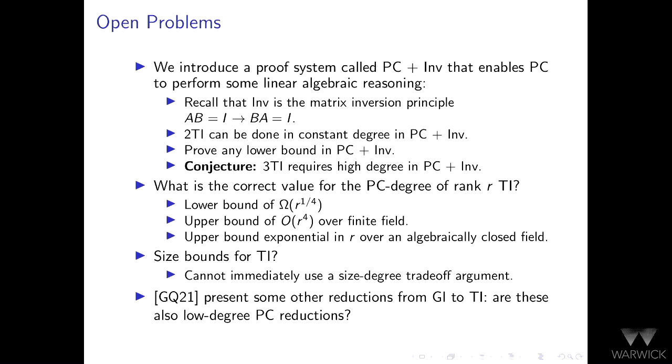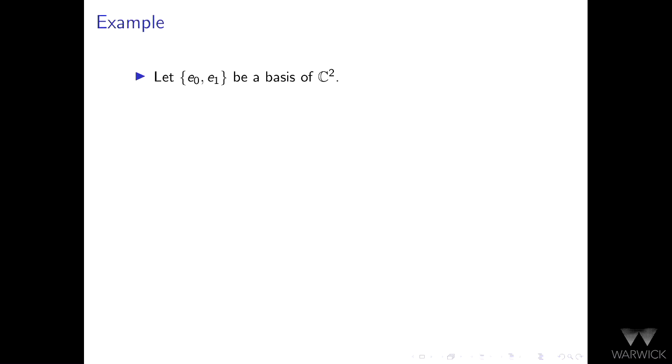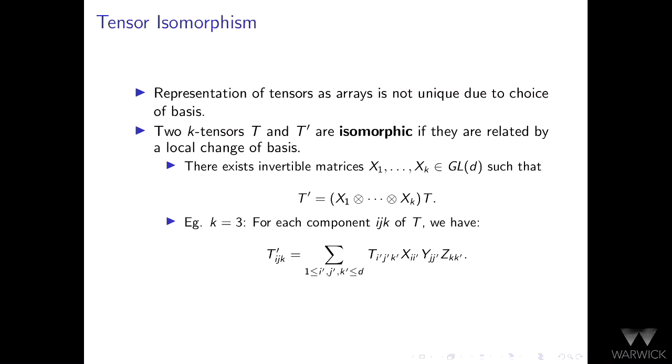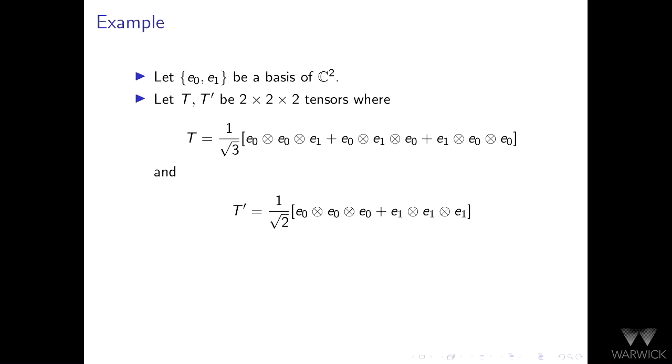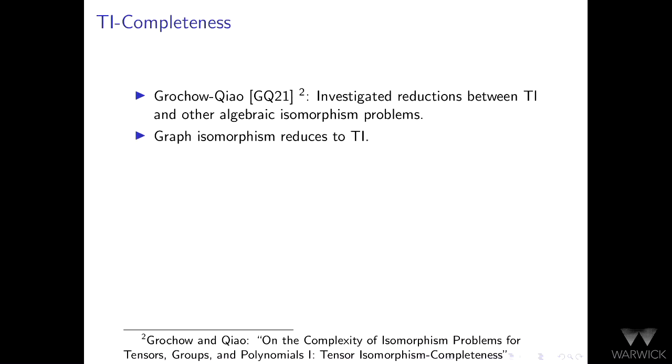Can you just go back and explain how do you encode the tensor? It's like 10 slides, I think. Okay. Which slide? Just go back. I'll tell you where to start. Here? Yeah. No, before you show the lower bound.